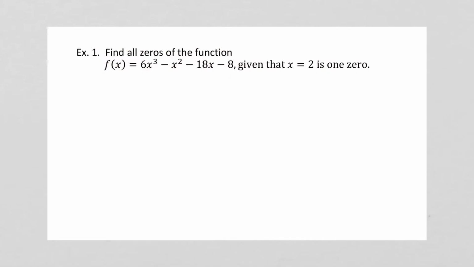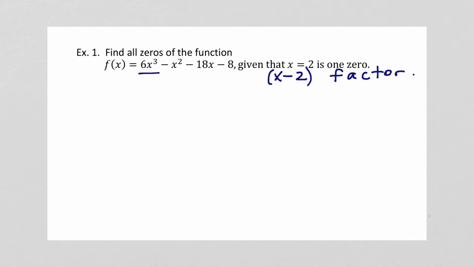So we're going to solve this problem here. It says find all zeros of the function f of x given, also given that x equals 2 is one of the zeros. So if x equals 2 is one of the zeros, then according to what we just said, x minus 2 is one of the factors of this polynomial.